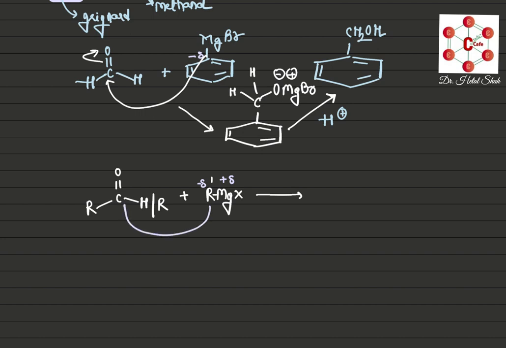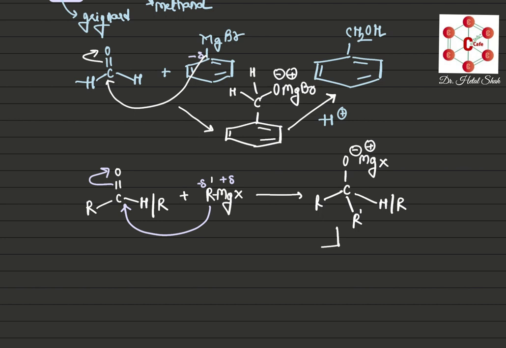So this R goes here, this goes up, and you have this R, C, O minus, MgX plus, and then we have this H or R, and this is going to be R dash.